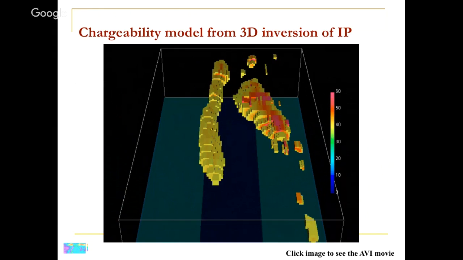So this is now chargeability. We still notice there's something chargeable up over here that is actually connected with this black shale. So it's chargeable, but it turns out not to be economic. This stuff in here, however, is a chargeable body that is mineralized.